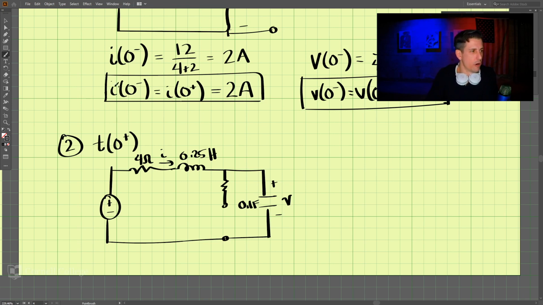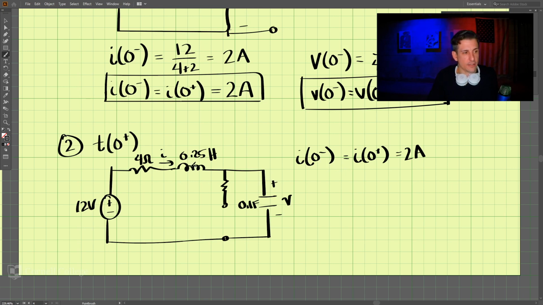Okay. So by doing this, we've already said that I(0-) is equal to I(0+), which equals 2 amps. So that is the current across here and the current here as well, because these are in series now.